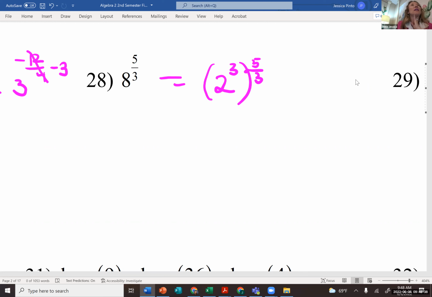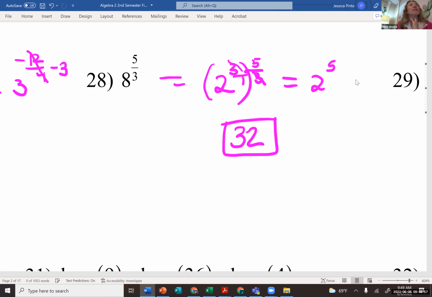Again, I multiply these, and do we see a cross cancellation that's about to happen? Yes, we do. We end up getting 2 to the 5th power, which is awesome. We're just going to simplify that to the numerical value of 32. The answer to number 28 is the number 32. We found the value.